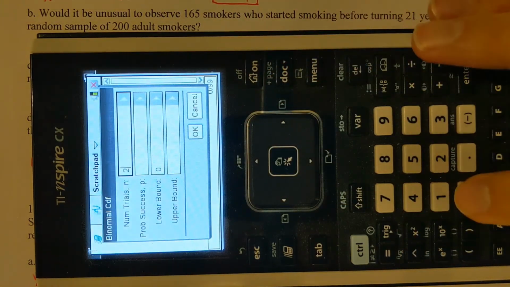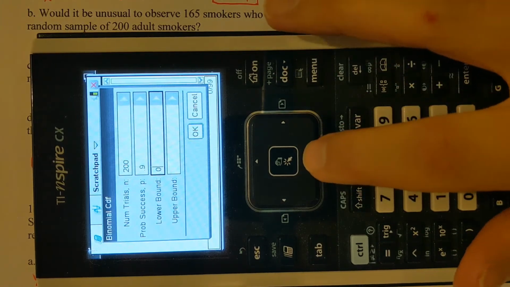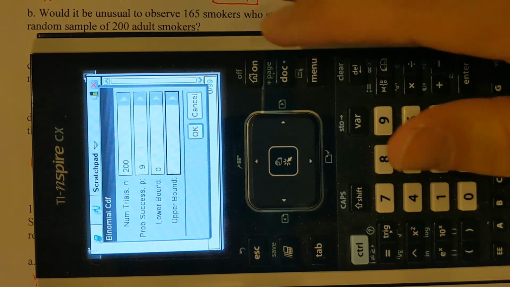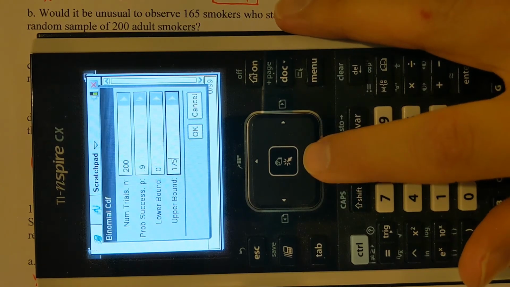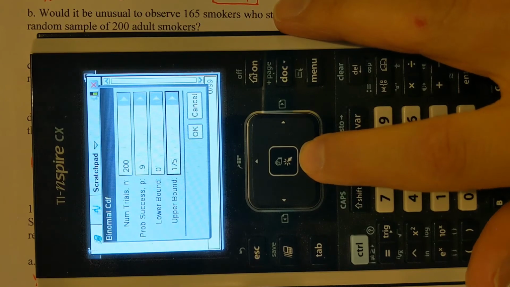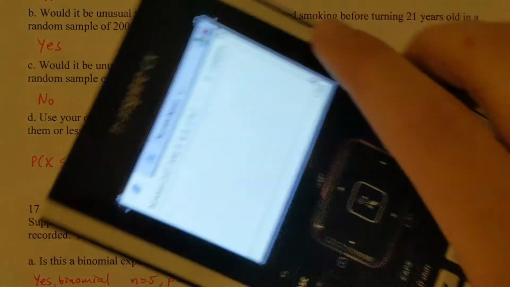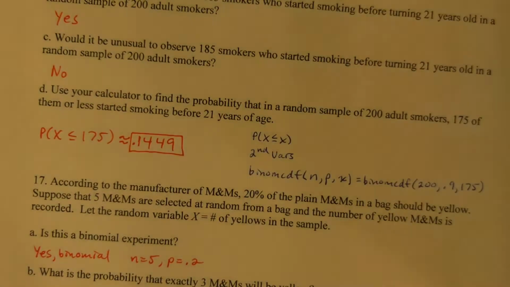The number of trials is 200. The p-value is 0.9. The lower bound, you keep at 0. And 175 would be the upper bound, since we're looking at all 176 numbers going from 0 to 175. Then hit OK, and you'll see that the probability is the same number that I had on my sheet.